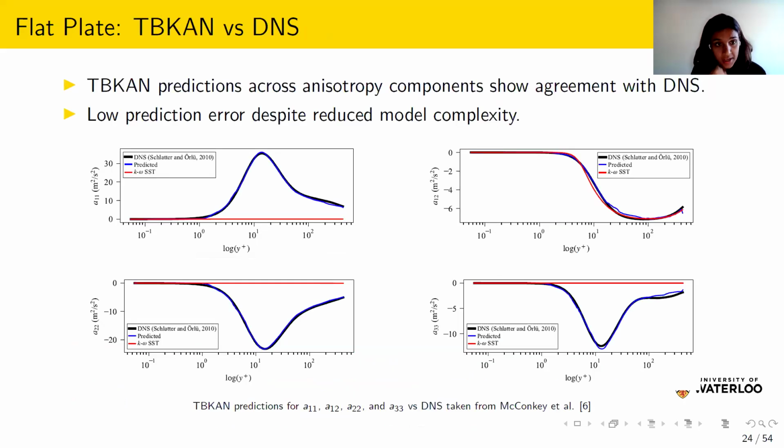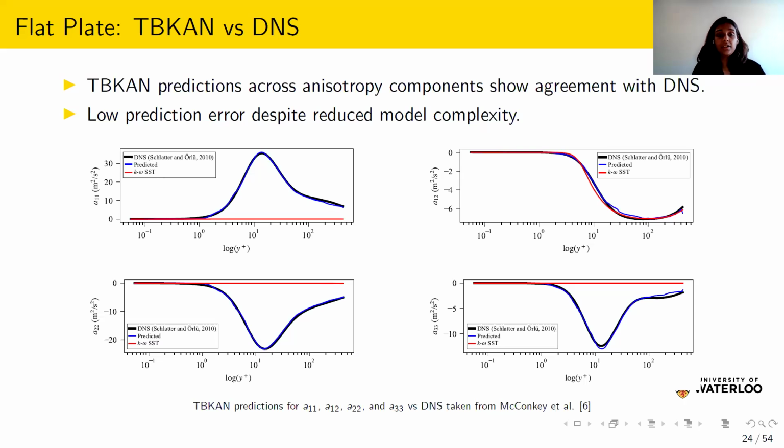And if we look at the results for TB-CAN, you can see the A11, A12, A22, and A33. They are showing good agreement with the DNS data. And as you can see, for A11, A22, and A33, K omega SST just fails to capture it altogether.